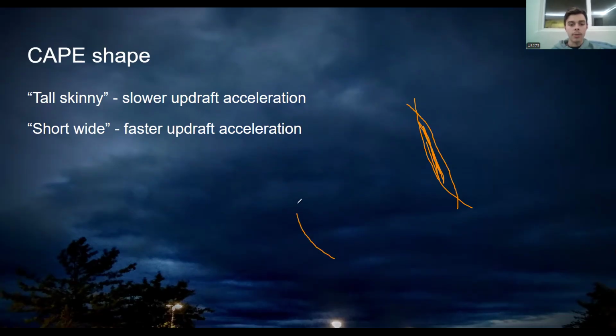Whereas if we have CAPE that's short and wide, more like this region in here, maybe they have the same area, but the shape of it is going to, in this case, have faster updraft acceleration.